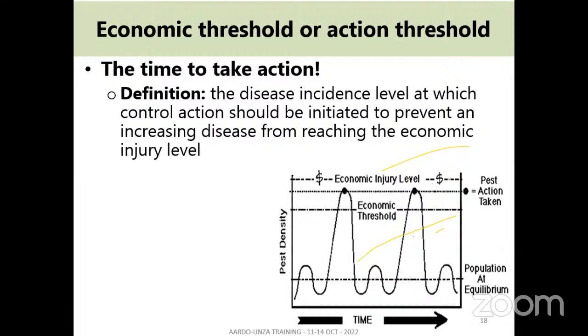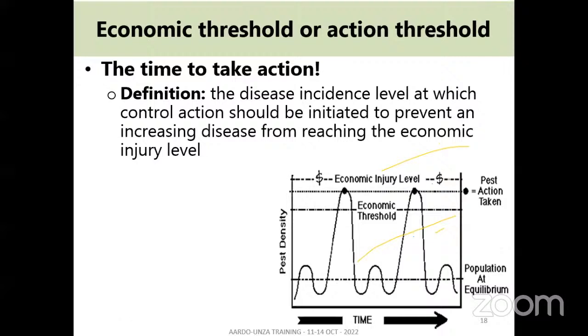Some diseases, you see one symptom today, and within a few days it has spread so much. Diseases spread at different rates, so these action thresholds will not be standard for all diseases on all crops.